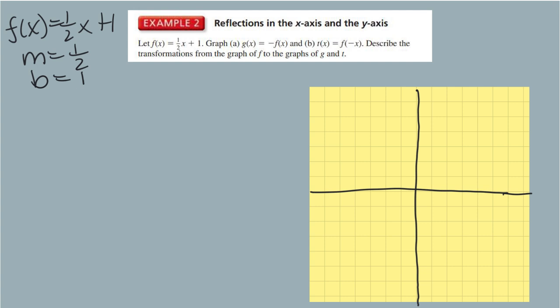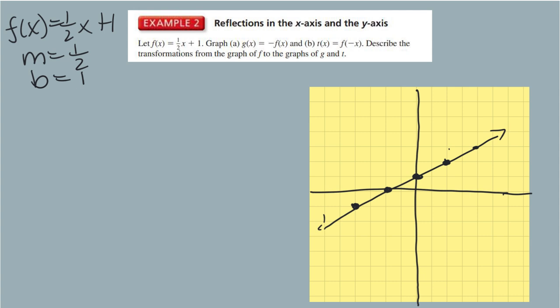One over here, 1 up and 2 over, 1 up and that is going to be F of x equals half.